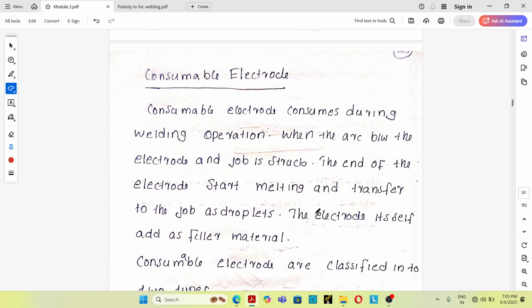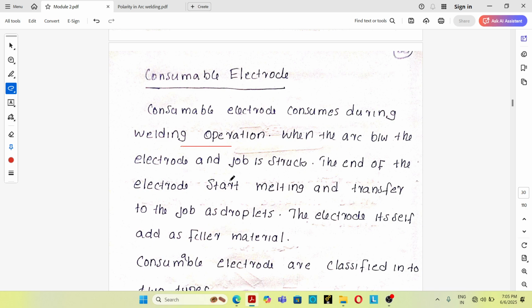Non-consumable electrode means the electrode is not consumed during the welding process. The electrode is not melting during welding. In that case, we have to use separate filler material.